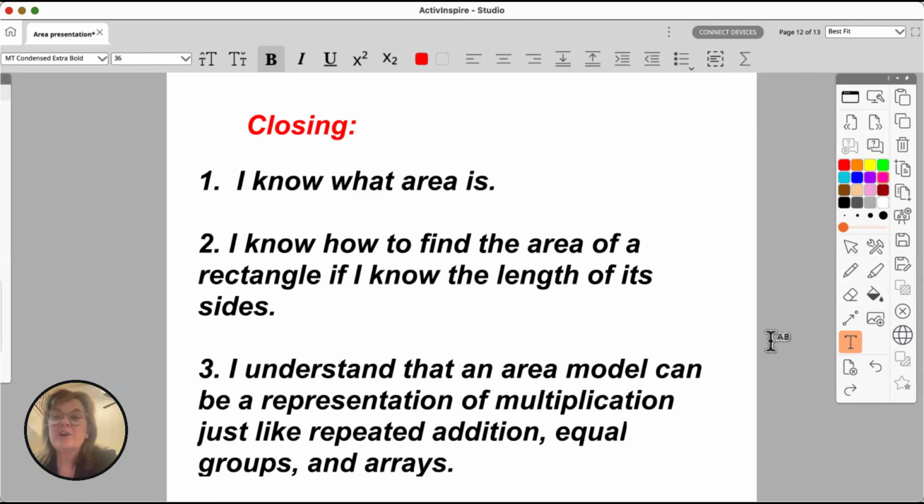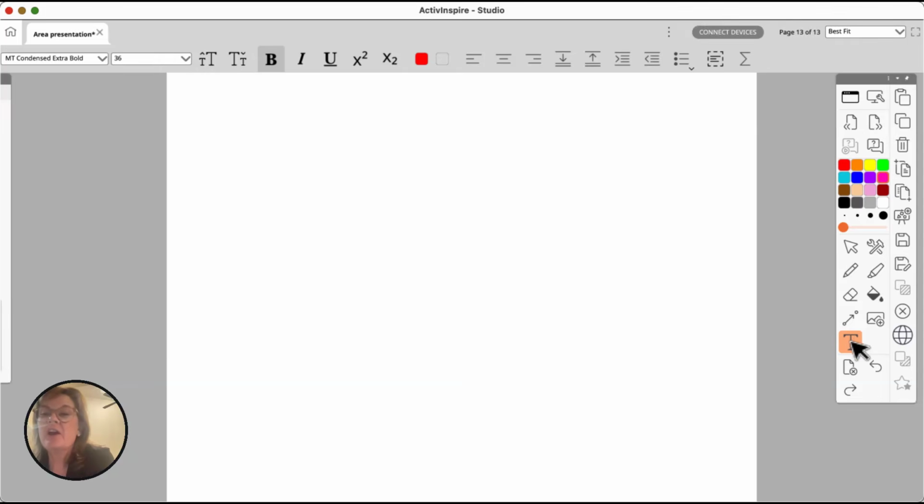All right, so let's review what we've learned. We've learned that area is the inside of a shape. You can find the area of a rectangle if you know the length of its sides, and you understand that an area model is a model of multiplication, just like groups of and rows of and all the other things you've learned. All right, so let's make one quick rectangle here, and let's talk about a few things with it before we go.